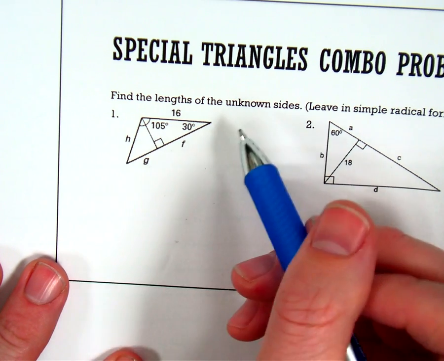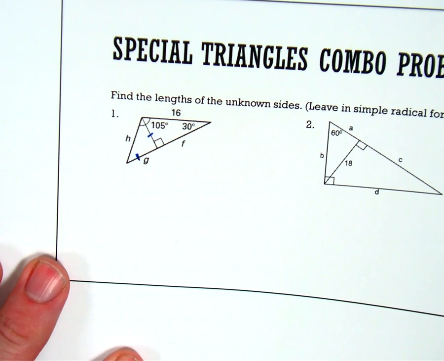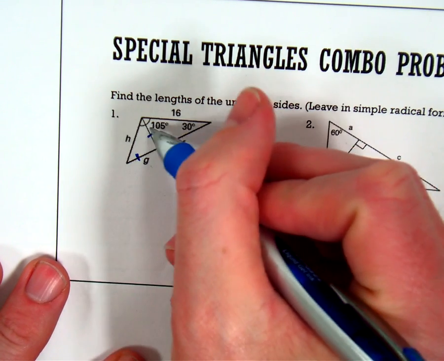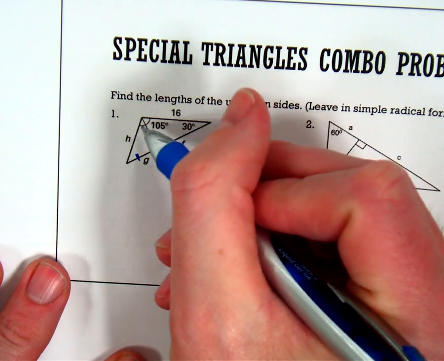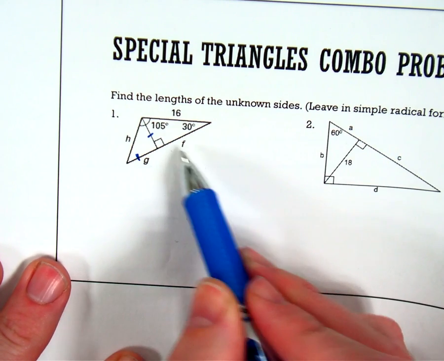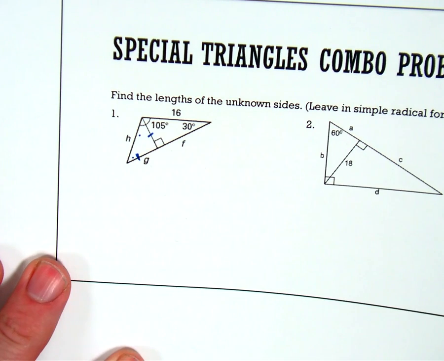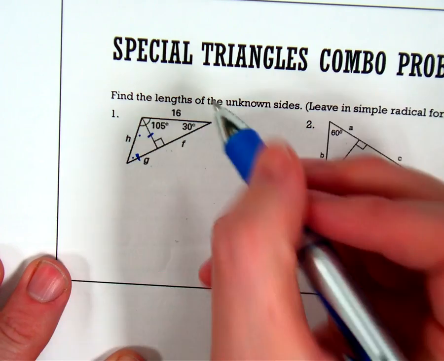And it's not very well marked, but what that should be making is a 45, 45, 90 on the other side. This whole angle is 105, 30, 90. So that means this piece of it is 60, which means that side is 45, and this one's 45. Okay, so we're going to have a combination of our two types of triangles.